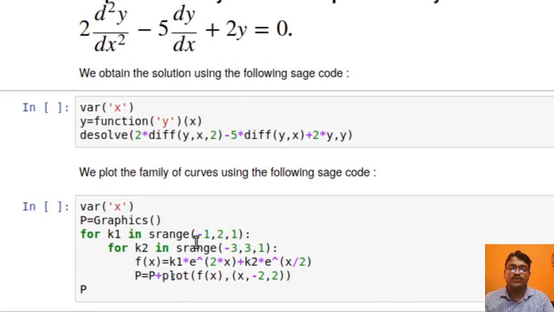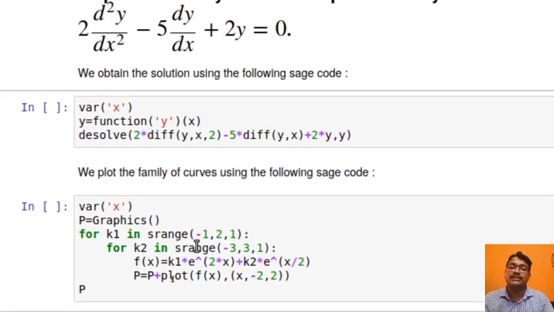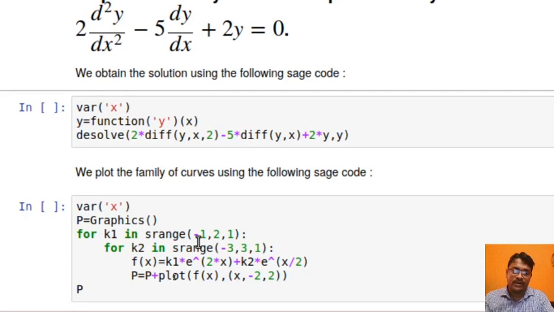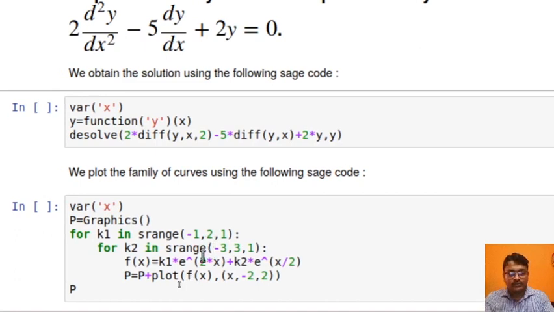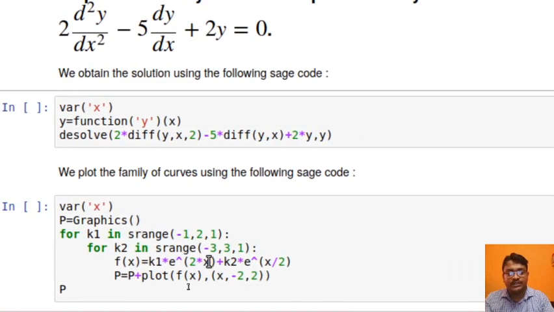The number that we write at the last is the increment. So srange from a to b with increment h will represent the set a, a plus h, a plus 2h, a plus 3h, up to a plus (n minus 1)h, where this last term is strictly less than b.